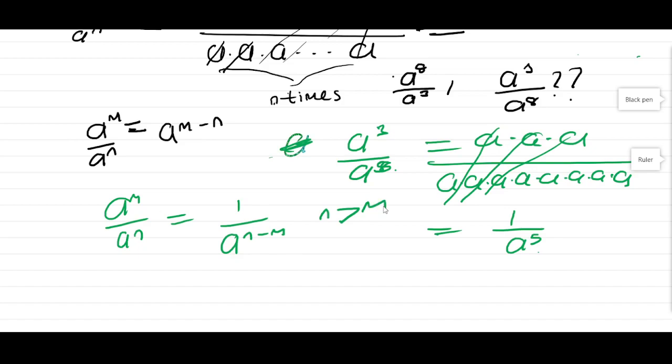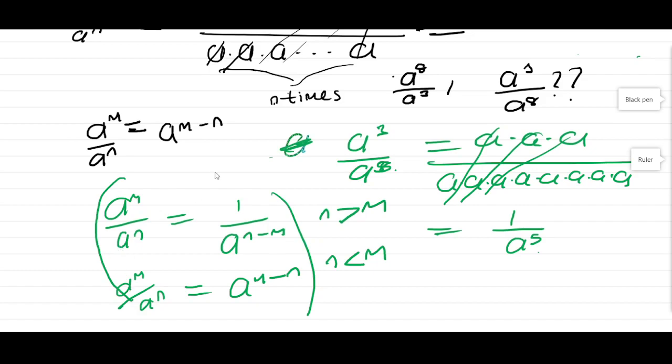But in the case whereby n is smaller than m, then obviously a to the m over a to the n will be a to the m minus n. So these are the two formulas that we will derive in this section.